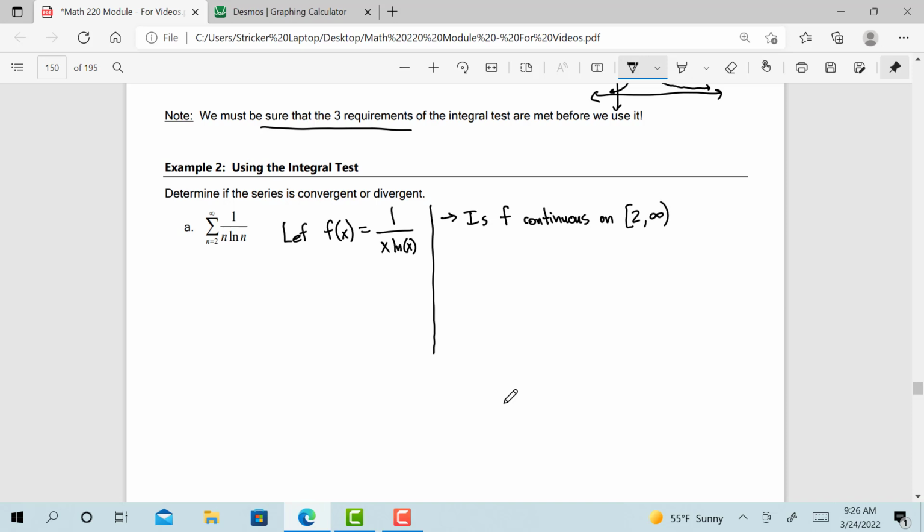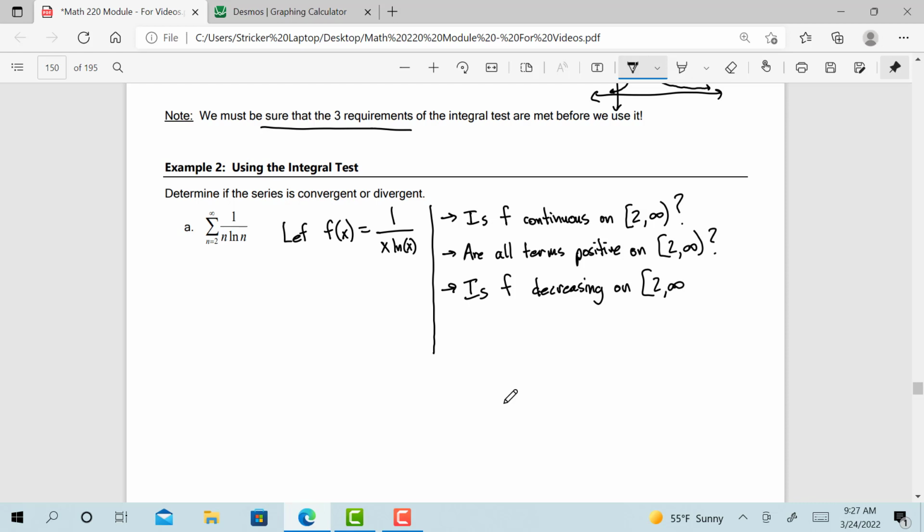That's the first thing. Second requirement, are all terms positive on 2 to infinity? Okay, that has to be true. And then the last one, we want to know, is f decreasing or eventually decreasing on 2 to infinity?